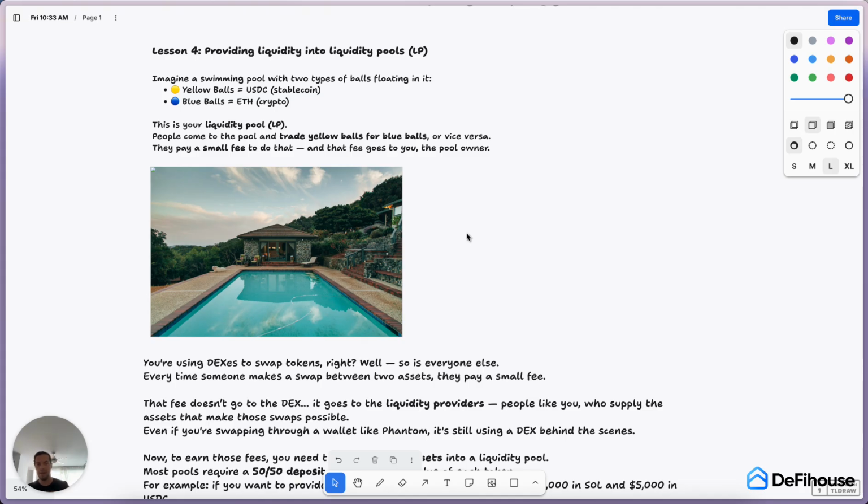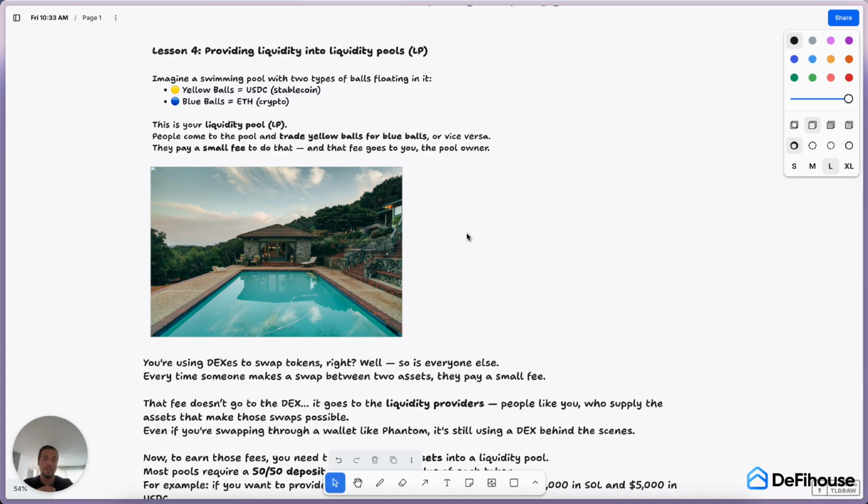But in order to get access to trading, every single transaction involves a fee. And that fee is the yield that you are able to generate, because that fee that the traders pay always goes to the liquidity providers.